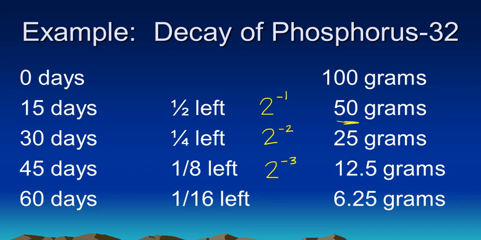After 4 half-lives, it's 2 to the -4th. And so you can see a pattern here. After 25 half-lives, the fraction that'll be left would be 2 to the -25th power. So you could find out what that fraction is and multiply it by the original to decide how much is left. In our class, though, most of our calculations will be much simpler than that.